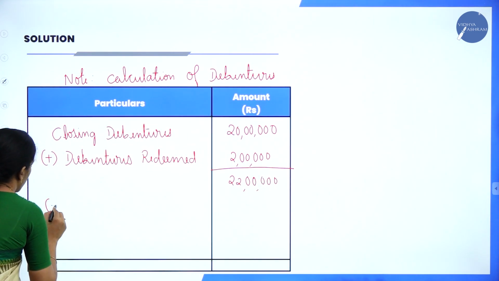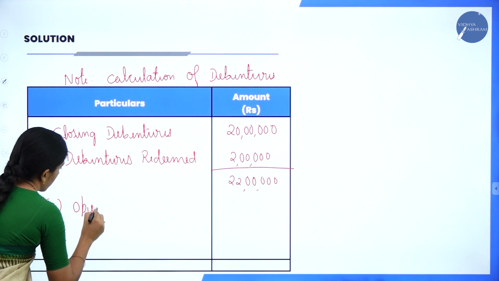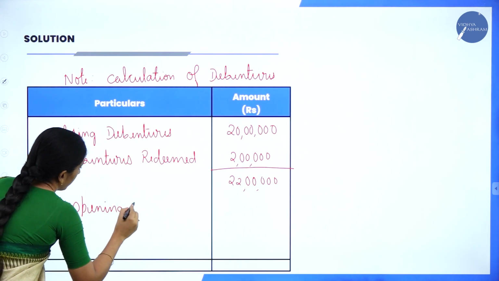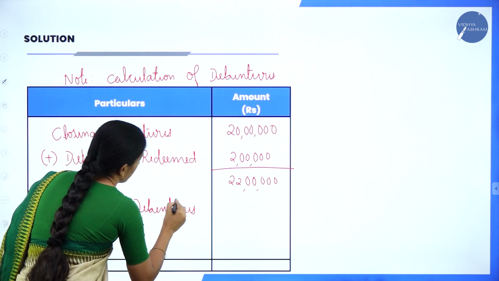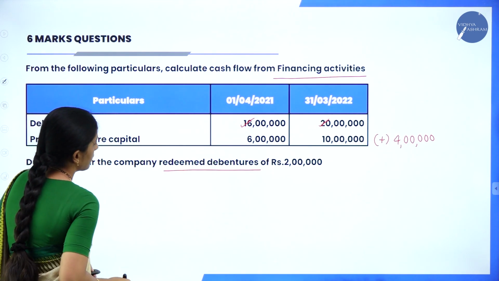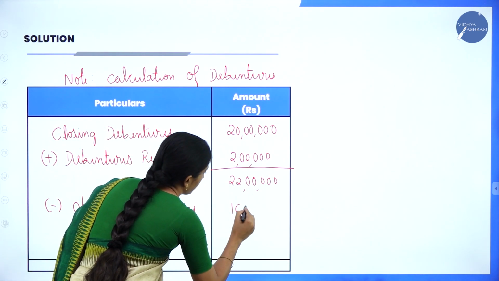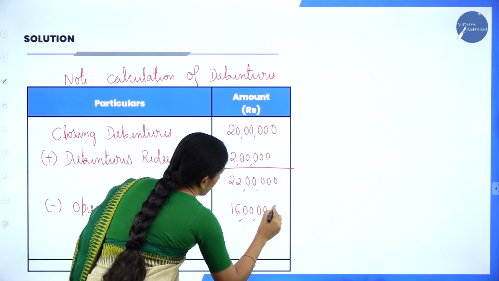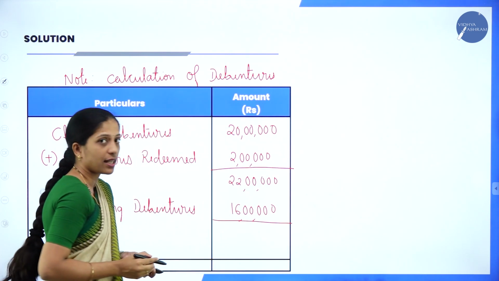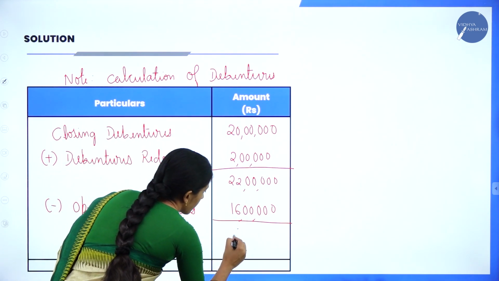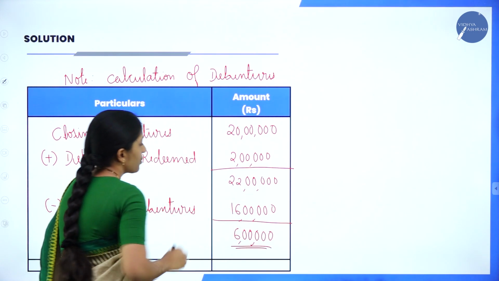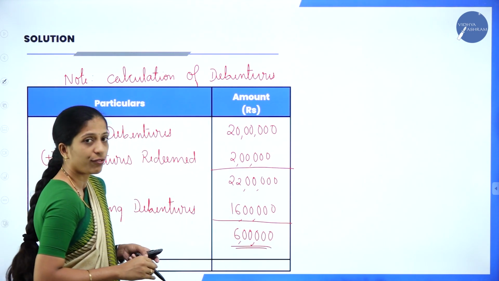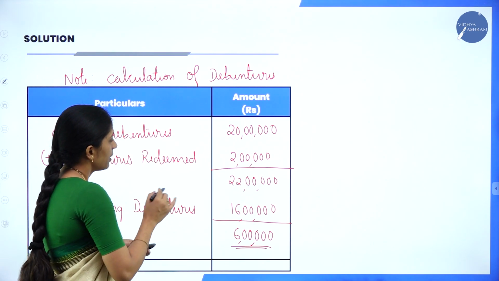Minus opening debentures. Minus opening debentures. So that is 16 lakh. So 22 minus 16, it will be 6 lakh. So 16 plus 4 is 20, 20 plus 2 is 22.